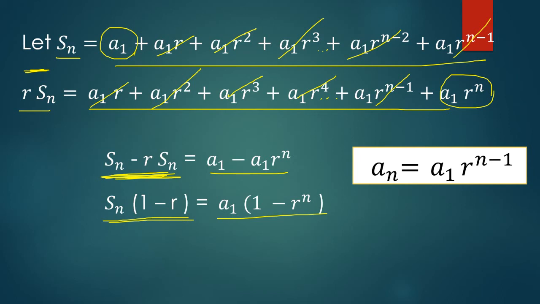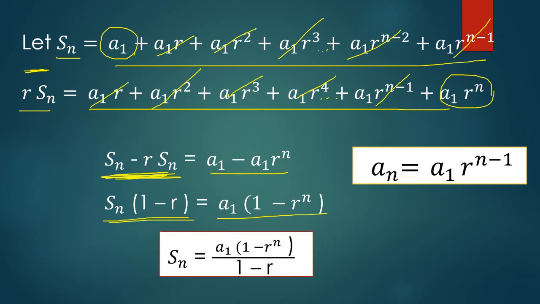Then we can simplify it in this way. Since Sn is what we are looking for, to get the formula for the geometric series, Sn is equal to A1 times 1 minus R^n over 1 minus R. This is the formula for the geometric series.